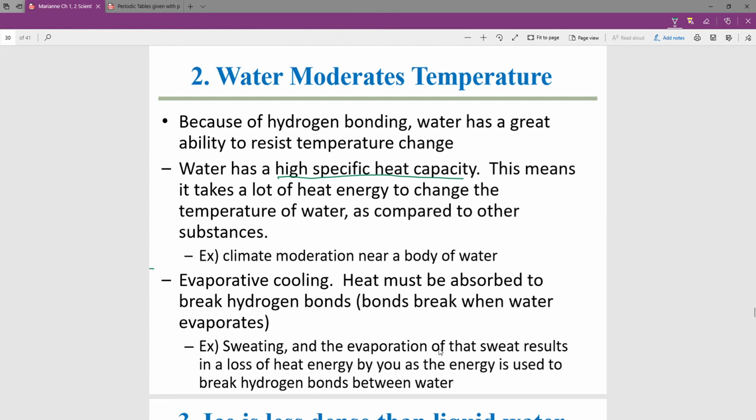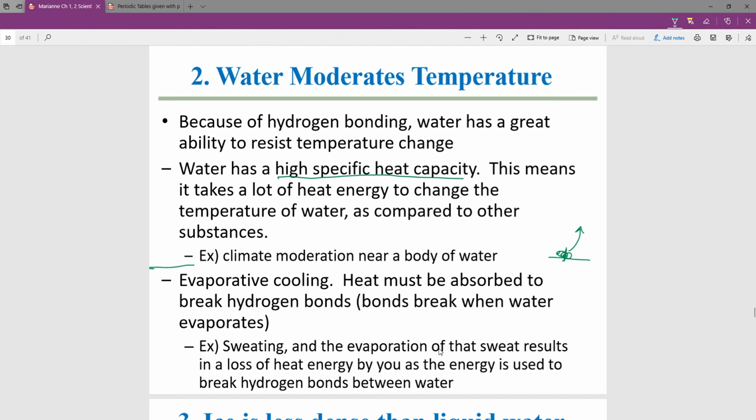So this is maybe easier to understand with evaporative cooling. So when you get sweaty, you've got water perspiration on the surface of your skin. This could be the worst diagram ever. So in order for it to evaporate, it has to break the hydrogen bonds that are connecting those water molecules.